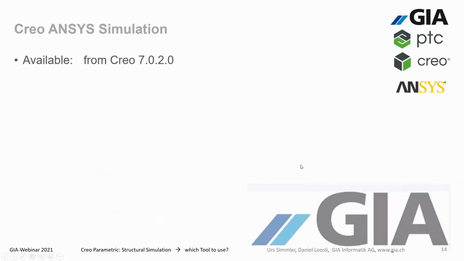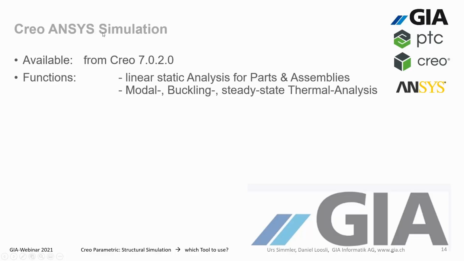Starting now in Creo 7.0.2.0, we have another integration of an Ansys product. This product is called Creo Ansys Simulation. Right now we can do some linear static analysis for parts and assemblies. We can do some modal analysis. Buckling is not available right now, and we can also do some steady state thermal analysis in that version.